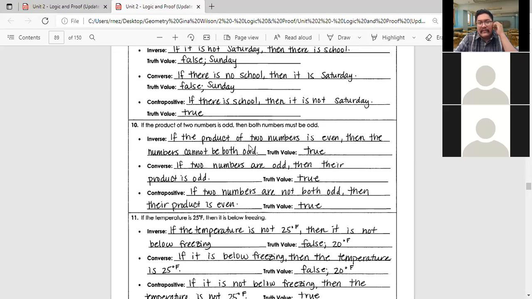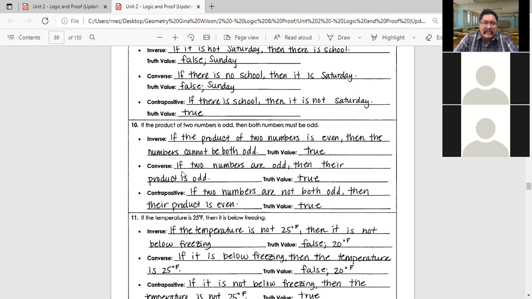So what would happen if they are both odd? If I had 3 times 3, that would be 9, which gives me an odd number. What if I picked one odd and one even, like 3 times 5? That would be 15. So finding all of the outcomes, this statement is true, because if the product is even, then the numbers couldn't have both been odd.